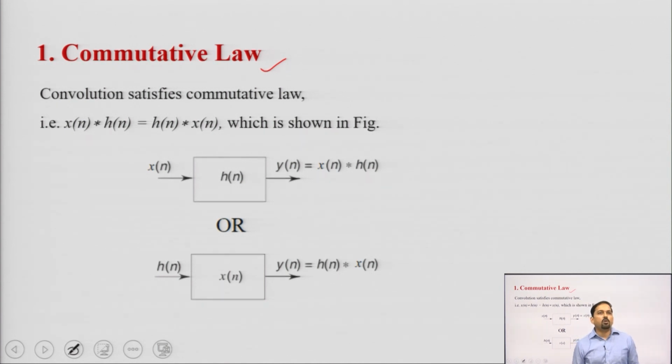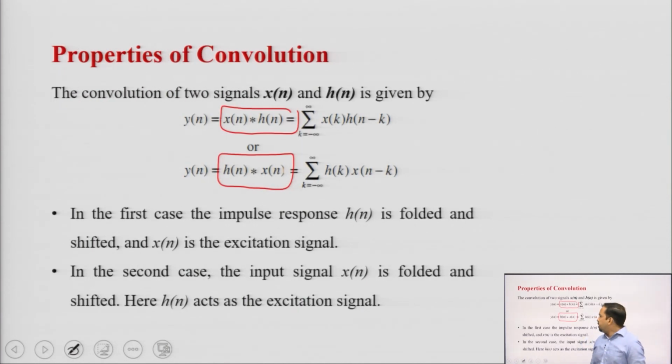How is this commutative law helpful? While performing the convolution summation, if x of k or x of n is a complicated signal and h of n is quite an easy signal, equation 1 will help us. Now, if h of k or h of n is a complicated sequence, then the two steps, shifting and mirroring, are not easy.